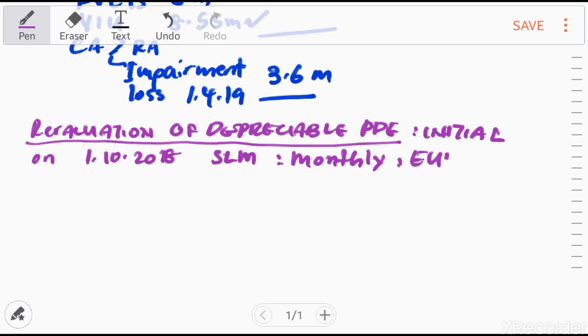Expected useful life is 50 years. So those are information that you should take note of. We'll work out. So first, cost on 1st of October, the date of acquisition, 2009. It was 18 million. Go and check the table given.